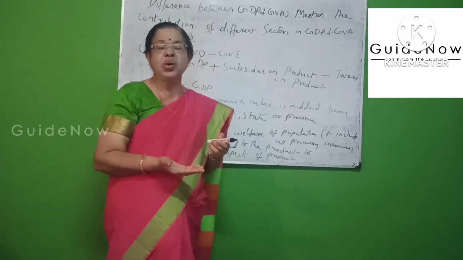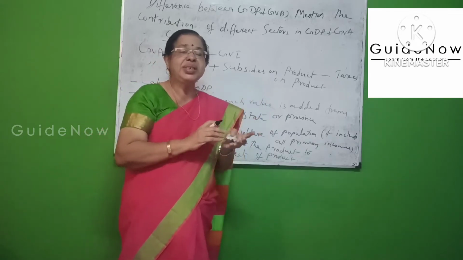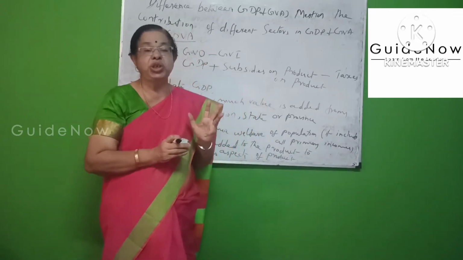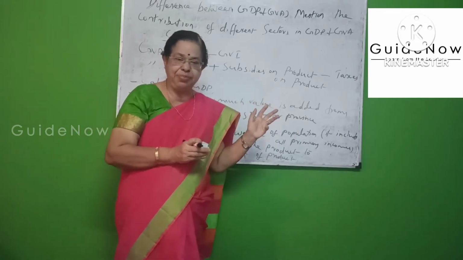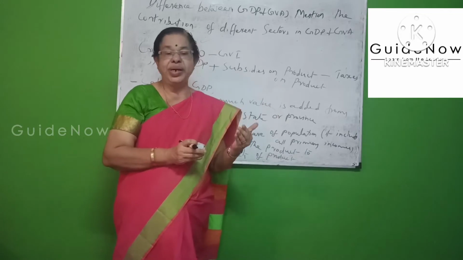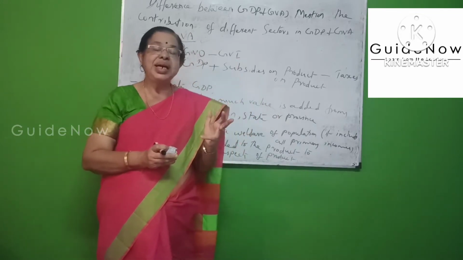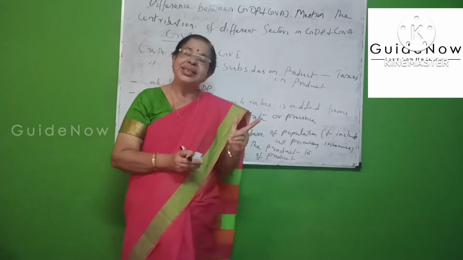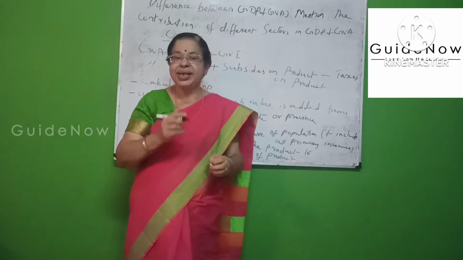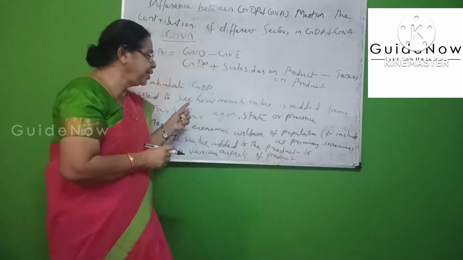GDP is calculated or measured in three ways: one is the income method, second is the expenditure method, and third is gross value added.